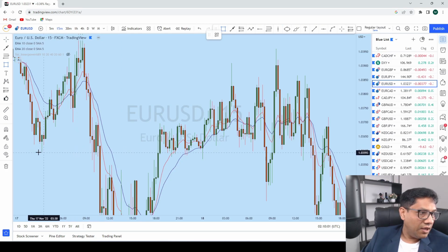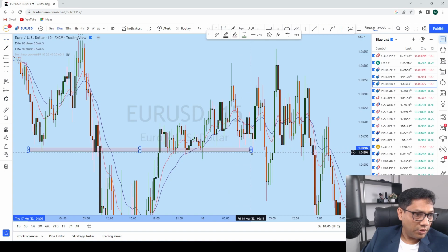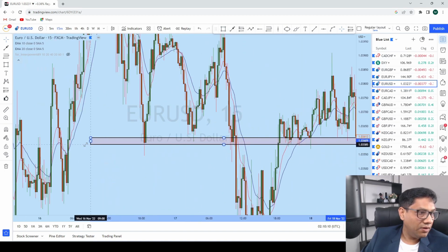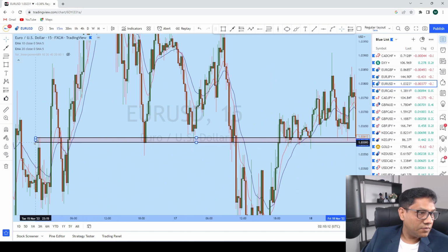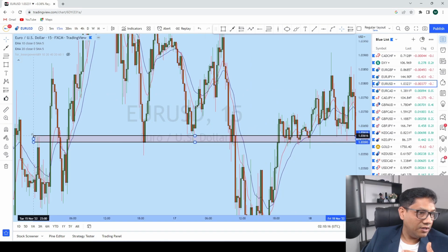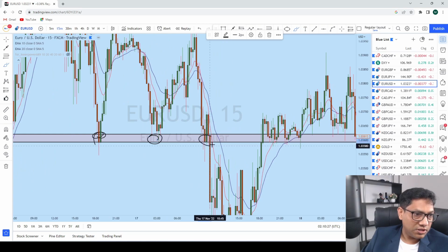In the past, the same level acted here. If you extend it, you can see a clear direction in the market. This level acted here as a resistance, this is the zone, and as a support here, same zone, and also a support here.